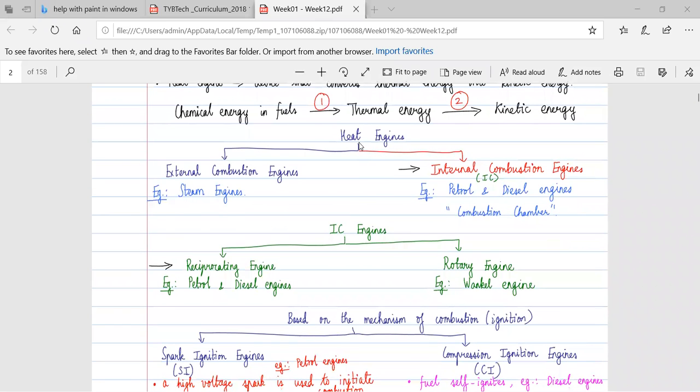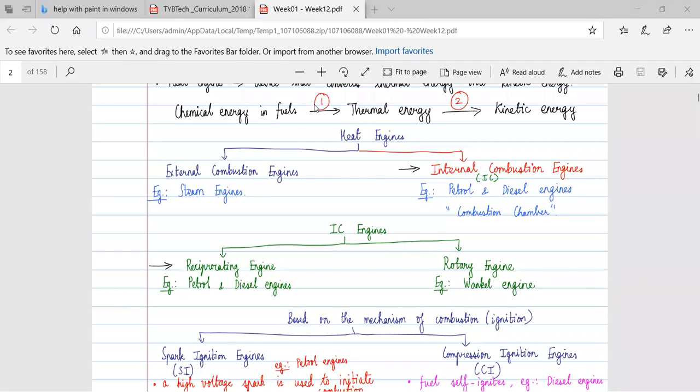There are two types of heat engines: external combustion engine and internal combustion engine. In an external combustion engine, the combustion part is achieved outside. That means this process, process one, and this is process two. There are two parts in an external combustion engine, right?